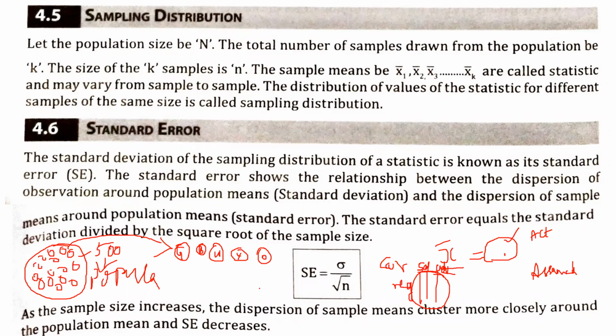I had closed my eyes and I didn't know what colors were inside. I just picked 5 balls. These 5 balls which I have selected here are called a sample.